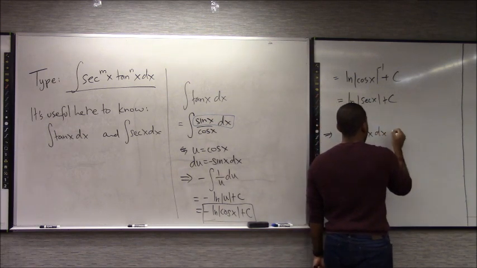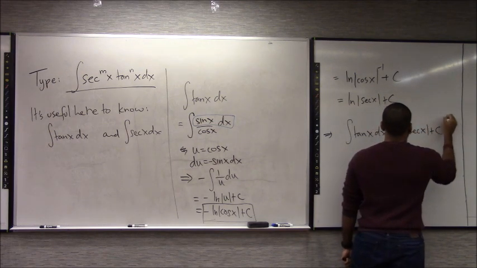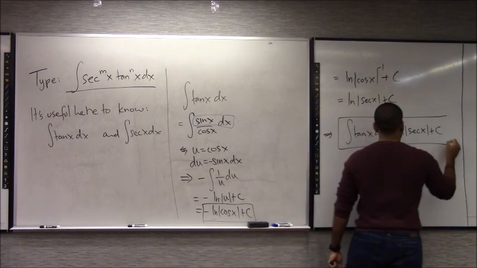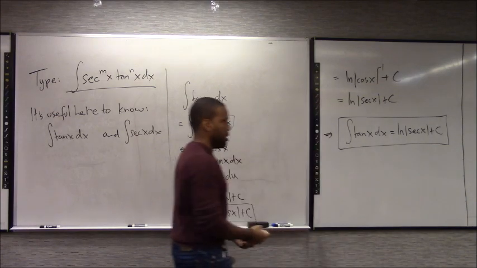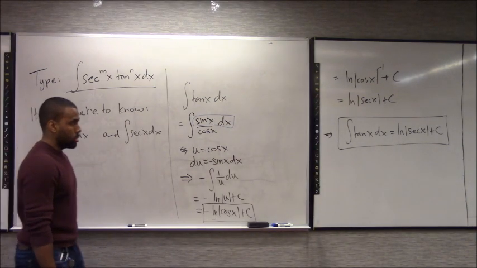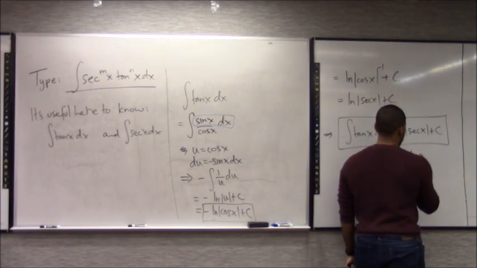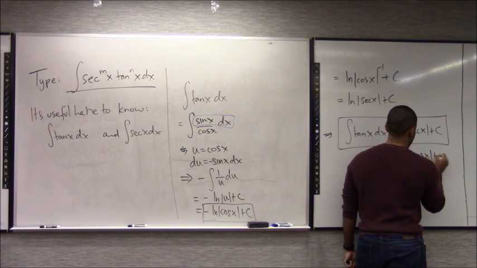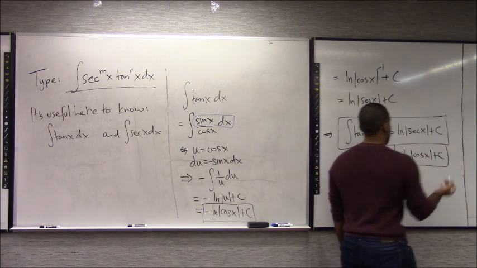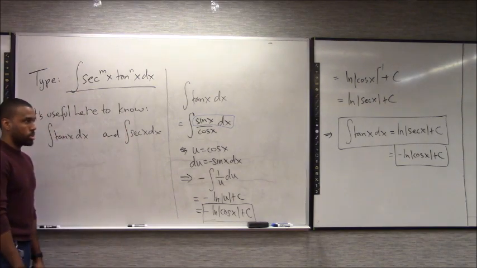The integral of tangent of x is ln of the absolute value of secant of x. It's also equal to the negative ln of cosine. It's up to you which one you want to remember, but I kind of remember the top one first because it doesn't have a negative sign.